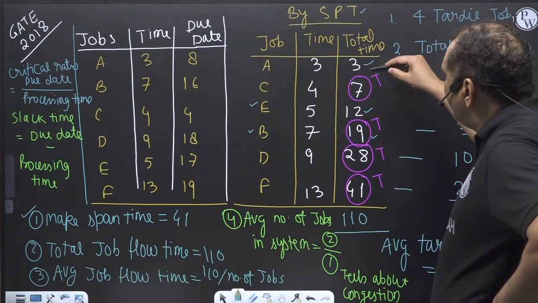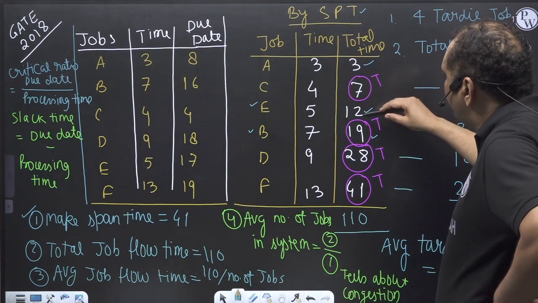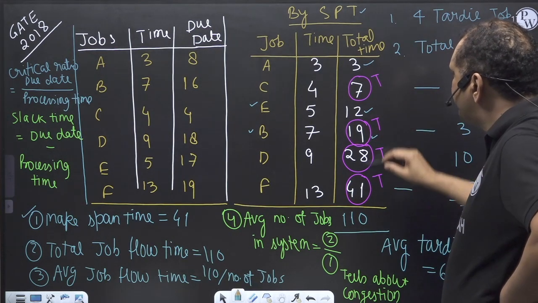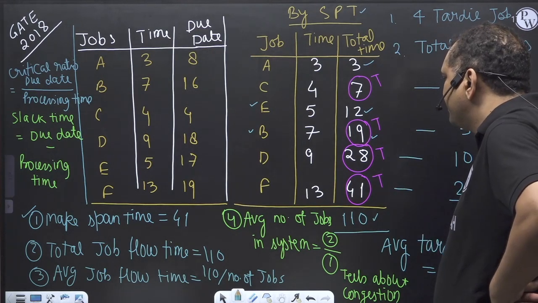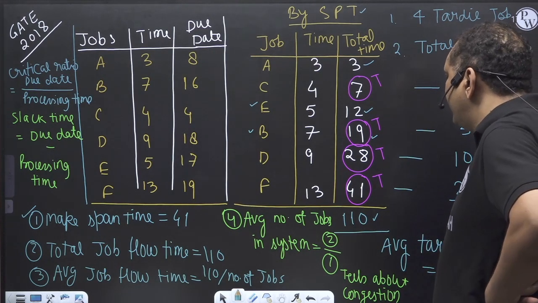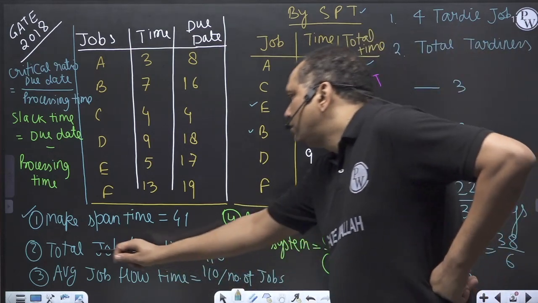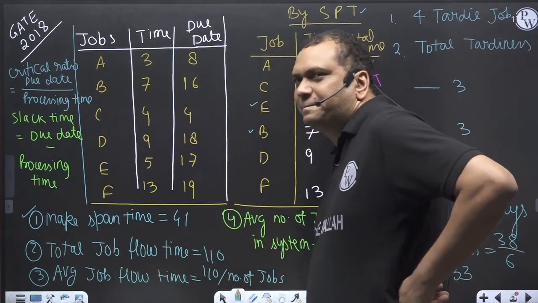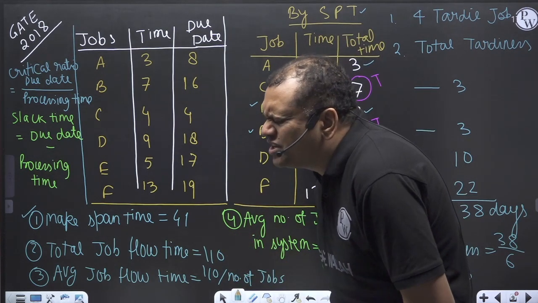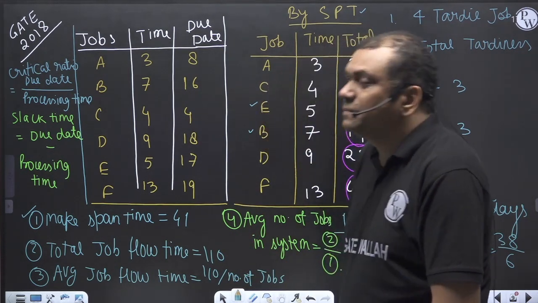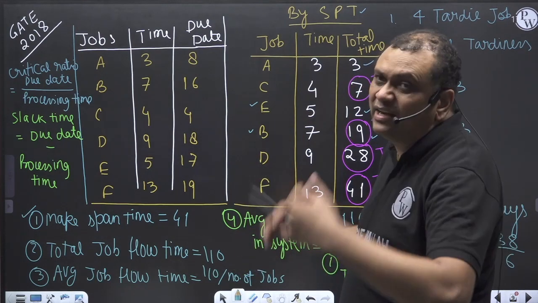Now, if you add everything, 3 plus 7 plus 12 plus 19 plus 28 plus 41, the summation is 110. This 110 is called total job flow time. Depending upon what the question is asking, you have to give that particular answer.